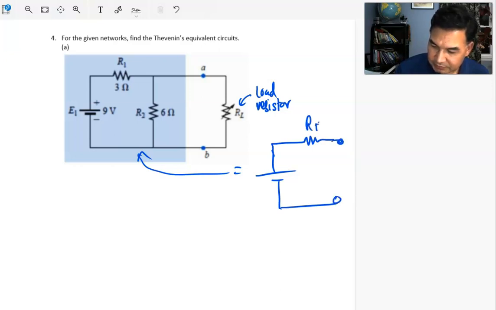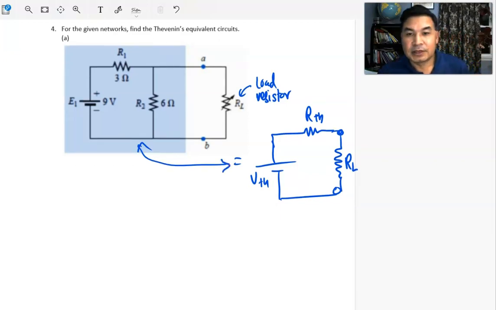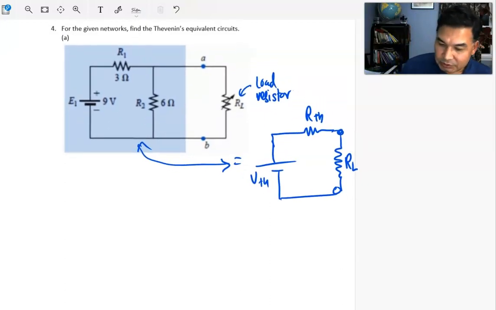This is the Thevenin resistance, this is the Thevenin voltage, and then after that, find the load resistor. So it's asking you to find the equivalent Thevenin circuit.